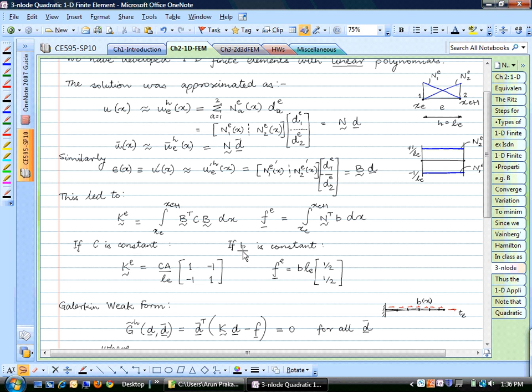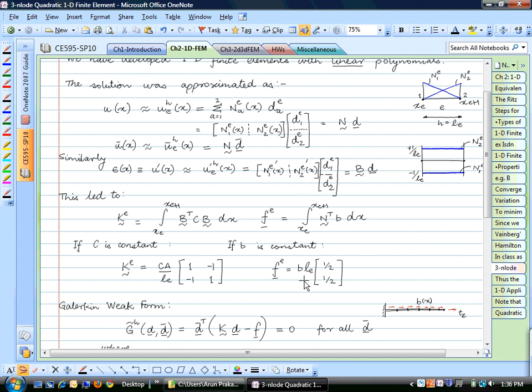But in general, if b, the body force, is constant within the element, then you can also express the force vector as b times L_e, which is the total force. If you look at one element and the body force is constant within that element, then the total force that this element is going to be feeling is the body force times its length.